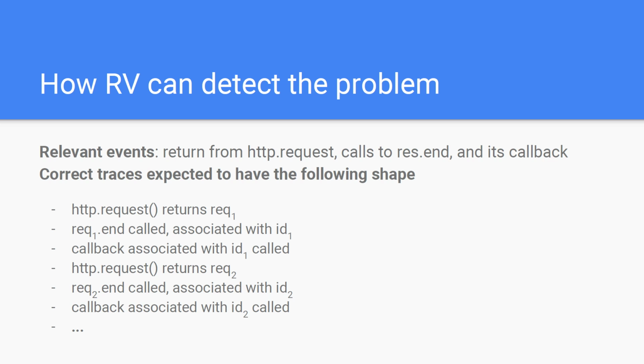Okay, so first I want to call the request method that will return a new object. Then I want to call method end on this new object. Then the callback associated with this method end must be executed.